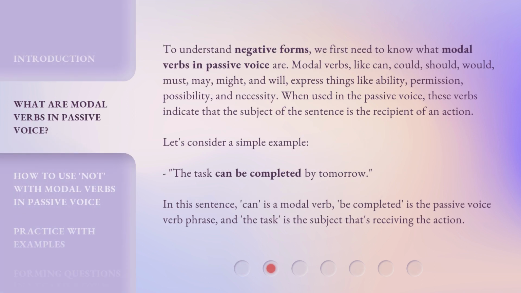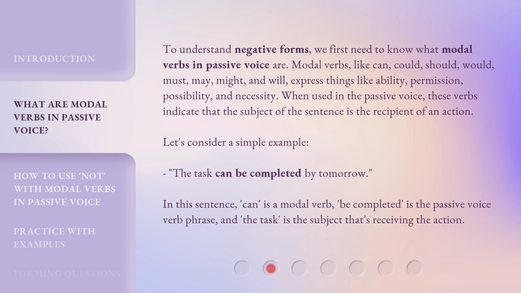To understand negative forms, we first need to know what modal verbs in passive voice are. Modal verbs, like can, could, should, would, must, may, might, and will, express things like ability, permission, possibility, and necessity.